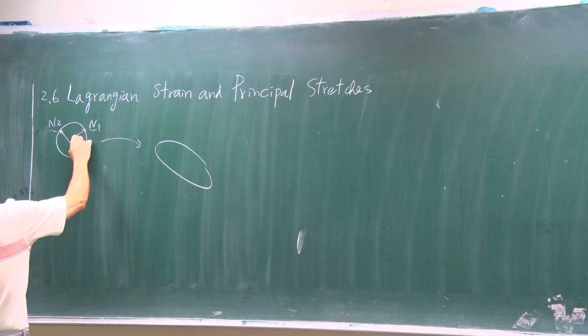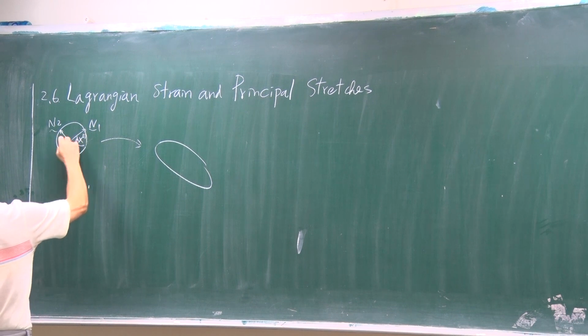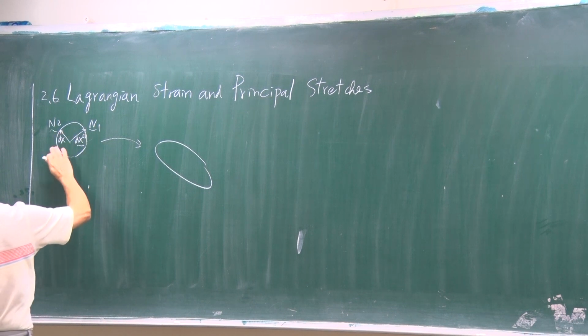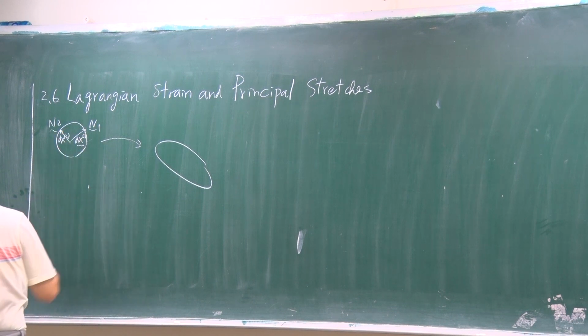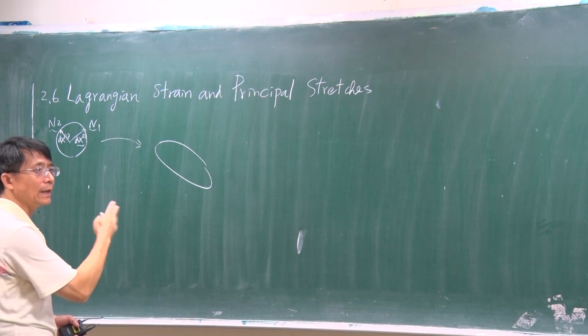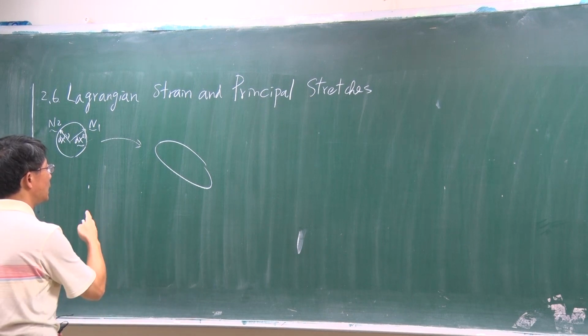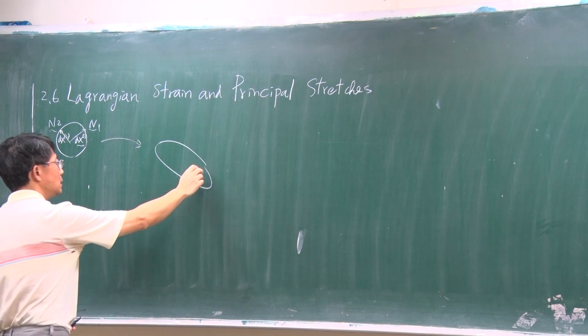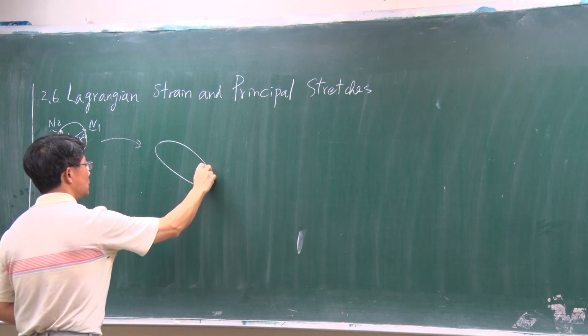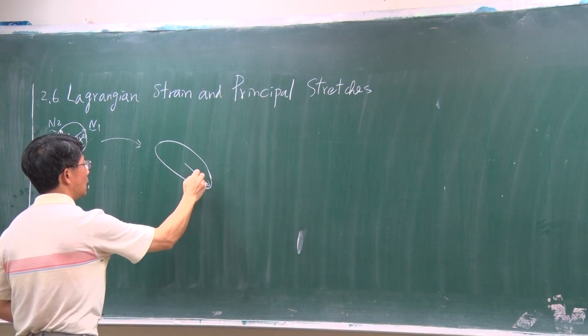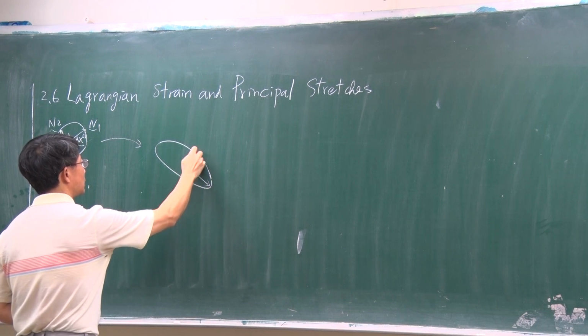N1 direction, N2 direction, we have dx1, dx2. We have already explained this picture in the last class. So I think you have already understood what they are.